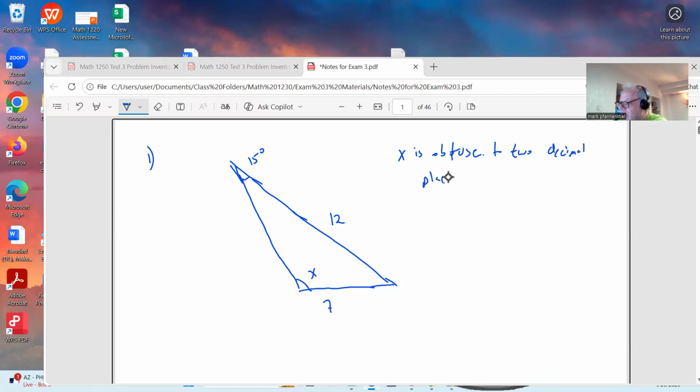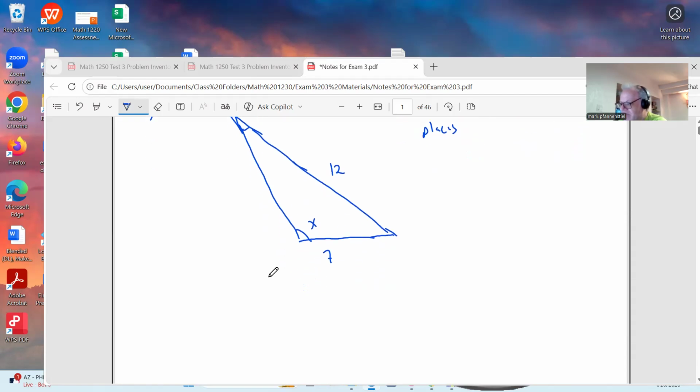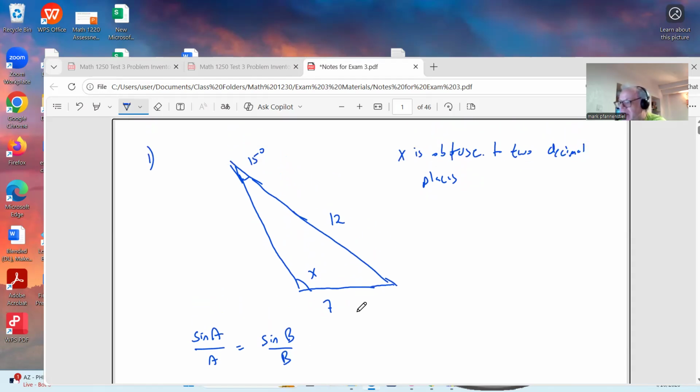So we're going to have to figure out the law of sines here. You should know the law of sines, right? That's saying that the sine of A over side A is equal to the sine of B over side B. We could rearrange this however you'd like. With law of sines you need an angle and the opposite side to set this up.